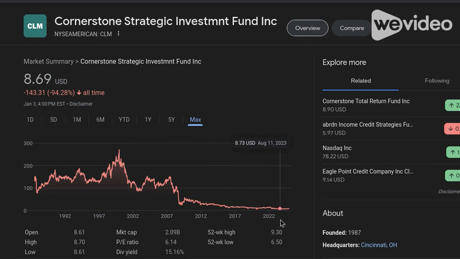I don't want people to get the wrong idea about these funds. In my opinion, investing in CLM and CRF, two things: the dividend reinvestment is key, and also not pulling out the full dividend amount. So if it's paying you a 16% yield, you just need to have a withdrawal plan to only pull off 8% of that, 9% of that, or whatever.